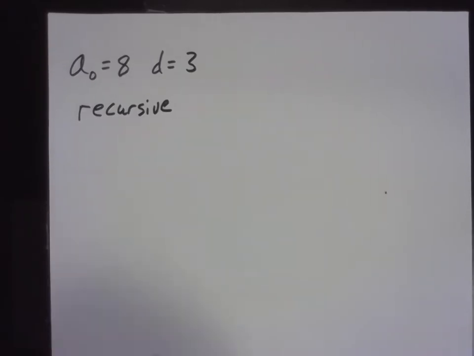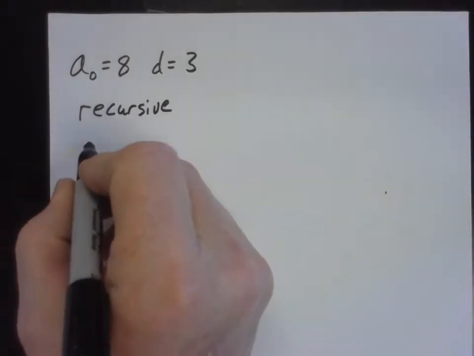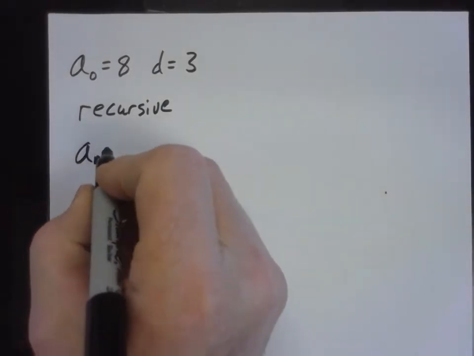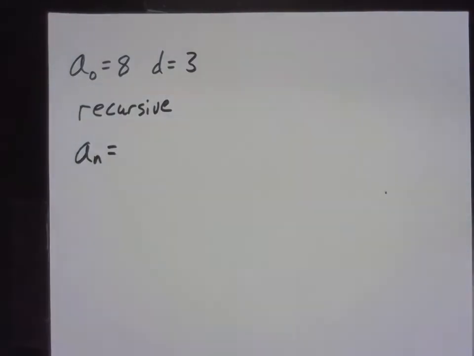So I would say a sub n is equal to. So what do I have to add 3 to? The last one. So if I want the 10th term, I have to add 3 to the 9th term. Okay, that makes sense, everybody?